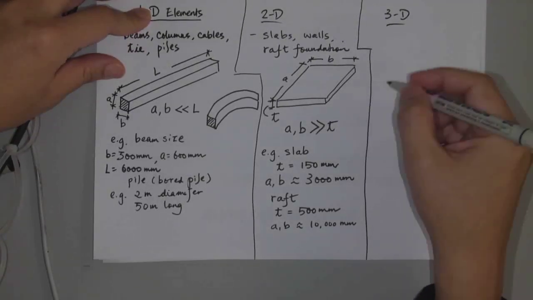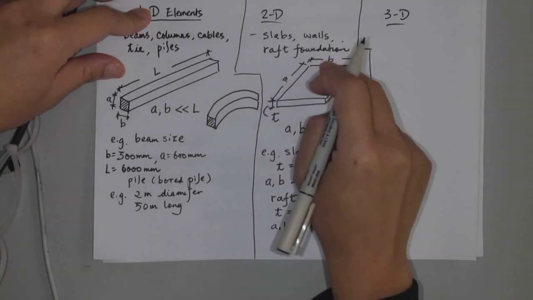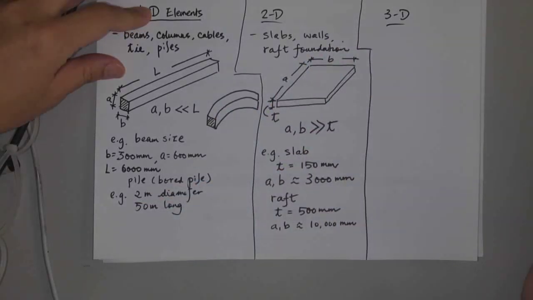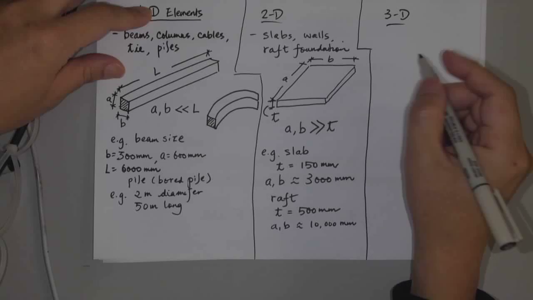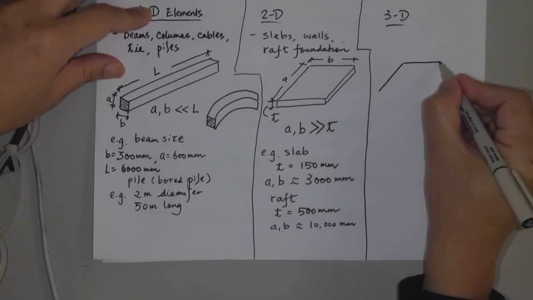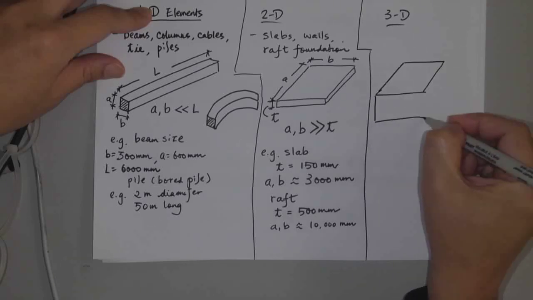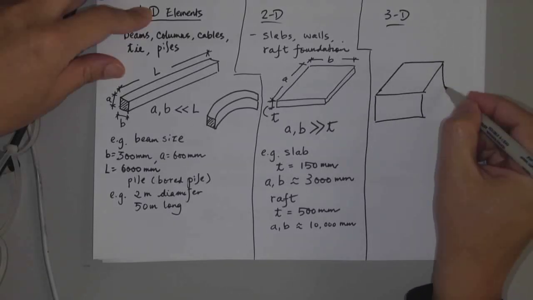So let's draw it first. If those three dimensions are more or less the same, what does it look like? It's like a cube. So it's something that looks like that. Just a big piece of material, concrete.